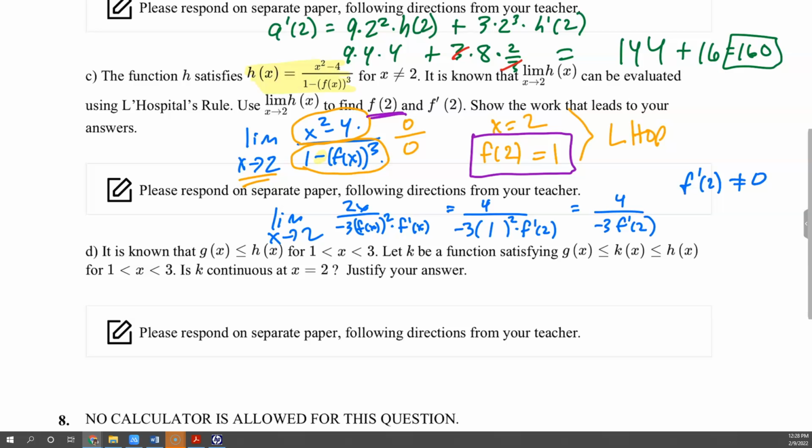The second point is earned by setting that. The third point is earned for evidence of applying L'Hopital's rule. Yep, we did that. Differentiable, continuous. So f of 2 is 1. Because f is twice differentiable, it exists. Okay.